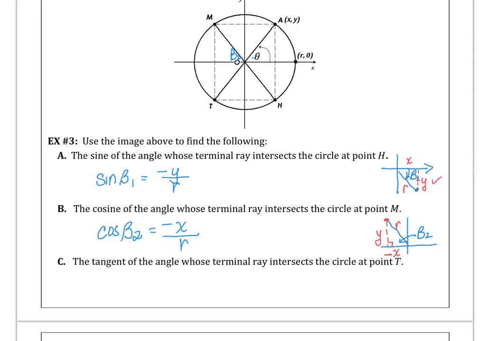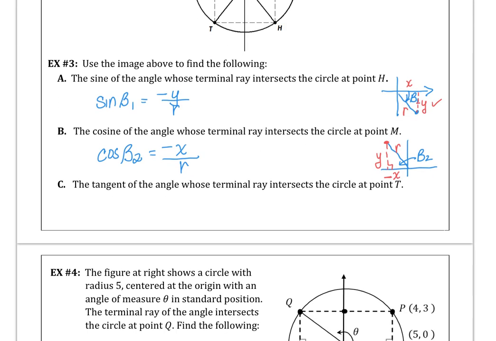And then finally, for tangent, the tangent of an angle that ends up at point T is going to be in quadrant 3. So making a sketch of that, we're down here in quadrant 3, dropping the perpendicular back to the x-axis.